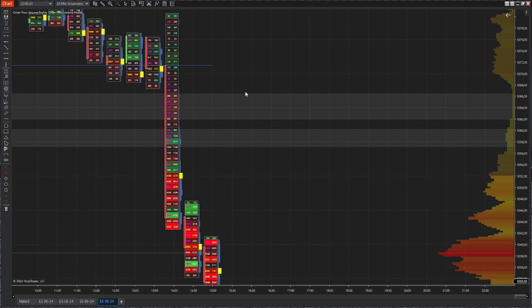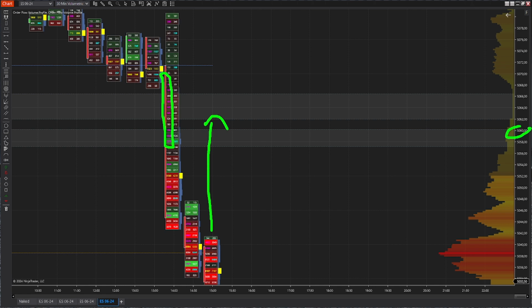Let's see what we have here. We have all these imbalances right here. So this is making a clear picture that if we revisit this site, what did I say before?